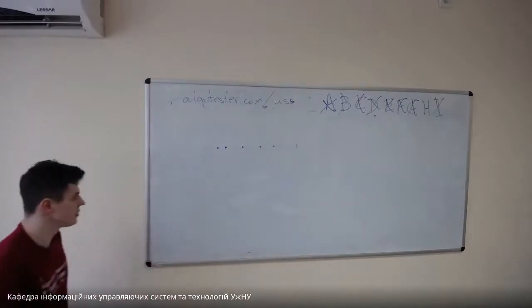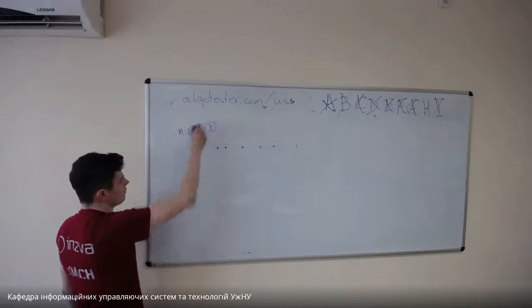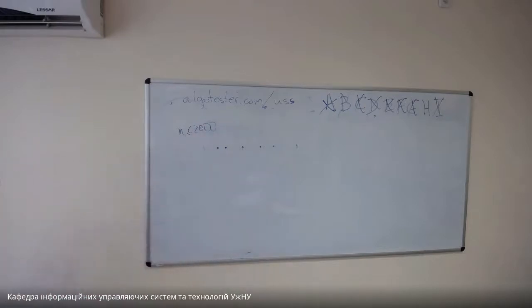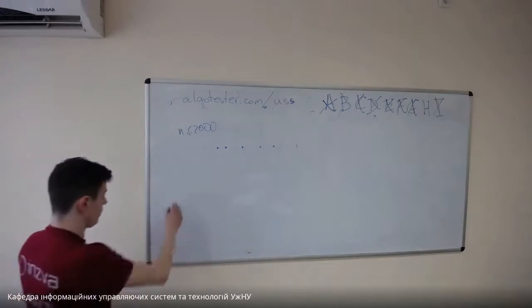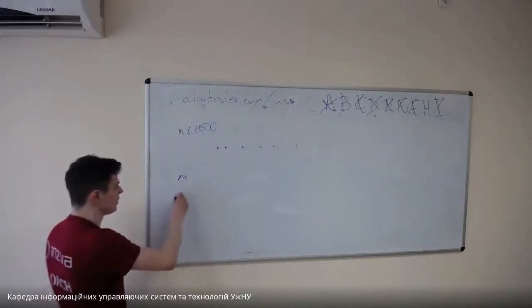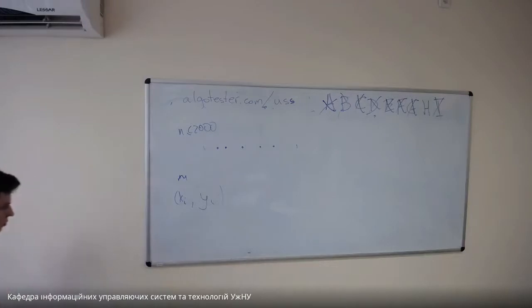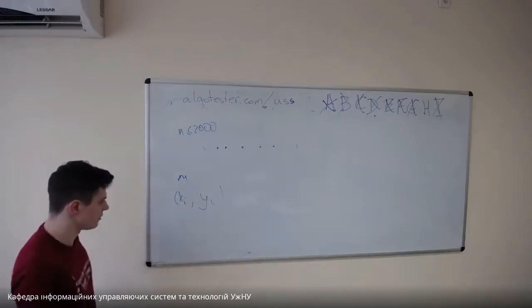You're given those positions, and there were no more than 2,000 balls. And you also had a number n of pairs of integers xi and yi, and for each of those you could decide the direction.